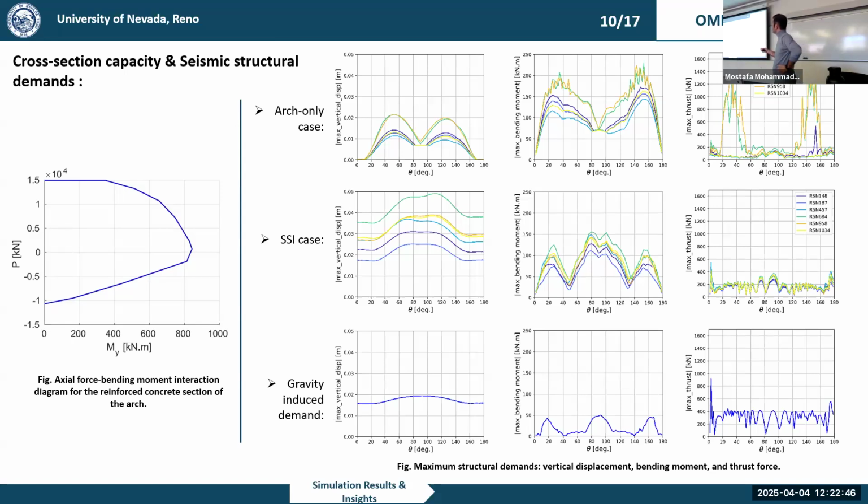Once we introduce the soil in our case and we have SSI, we will see what happens. It kind of distributes the demand. At least for the first one, for the maximum vertical displacement, the maximum is happening around the crown.